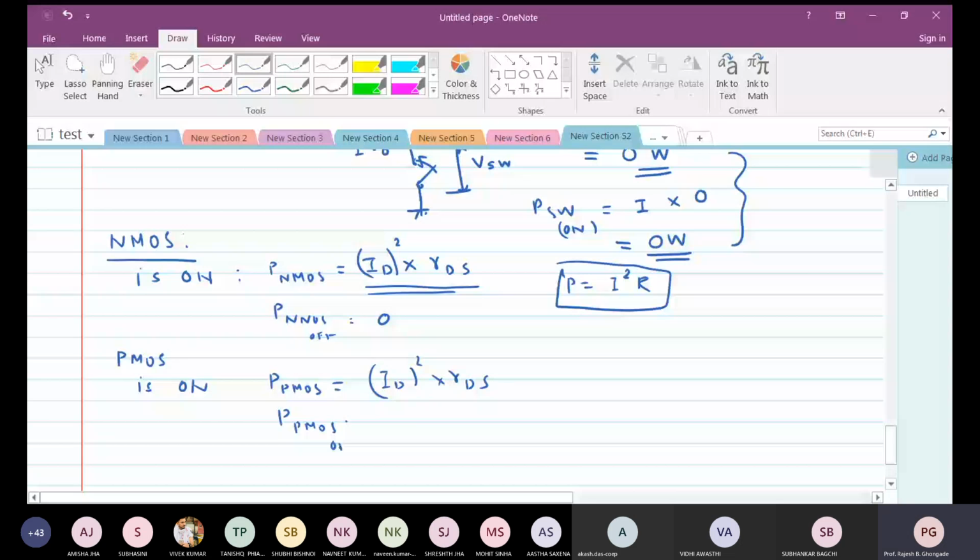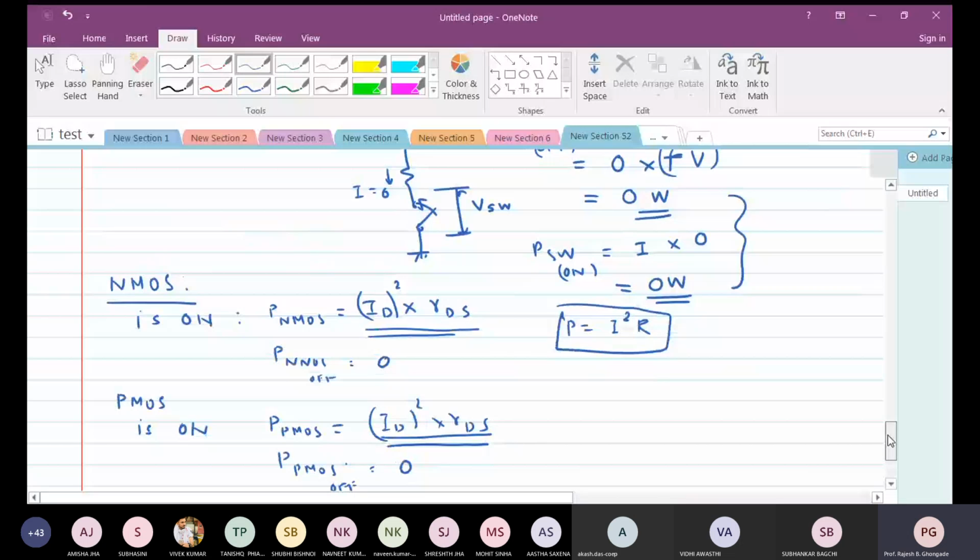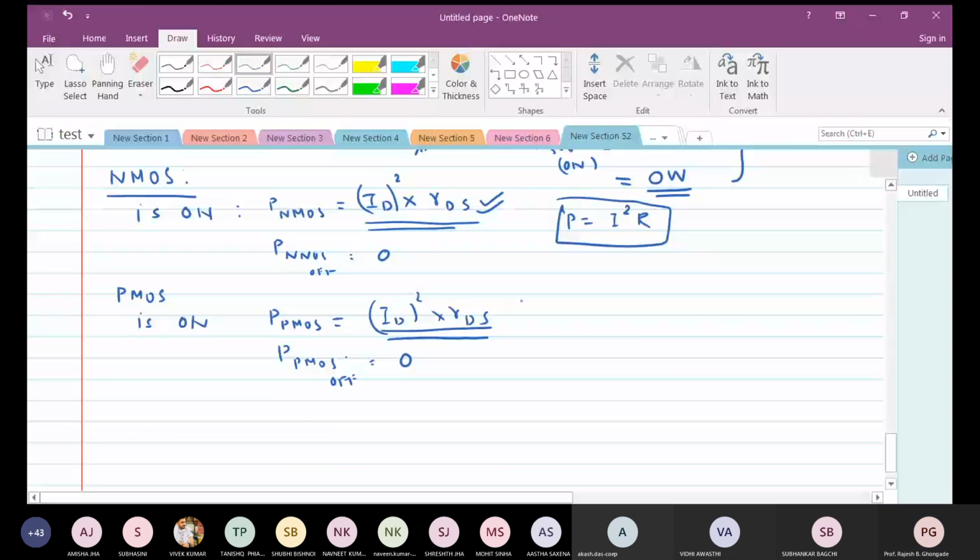So you'll see that both these methods do have a significant power dissipation. And why should there be no high power dissipation? One of the objectives is to reduce the power dissipation. Because heat will be produced, and this power is actually wasted in the form of heat.